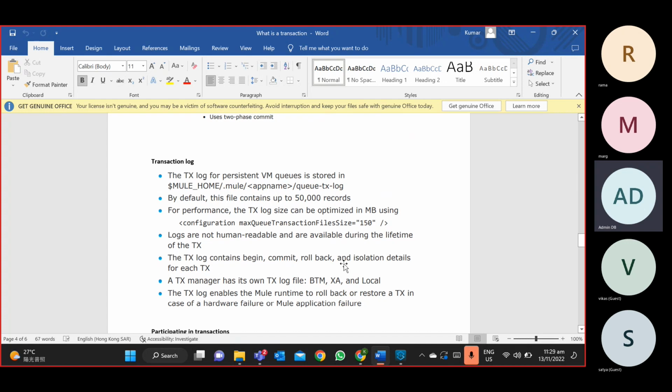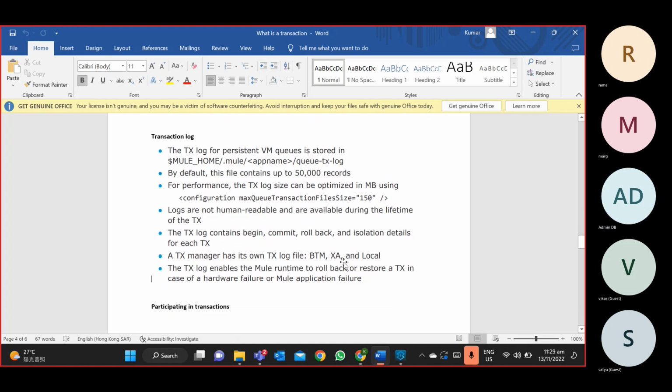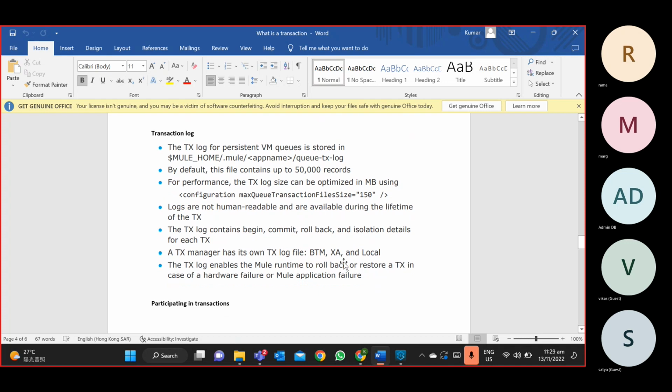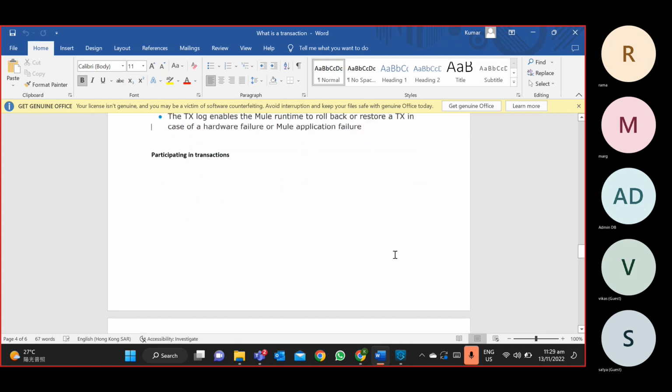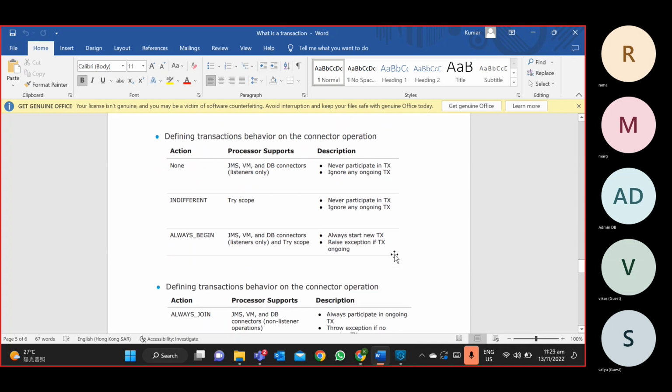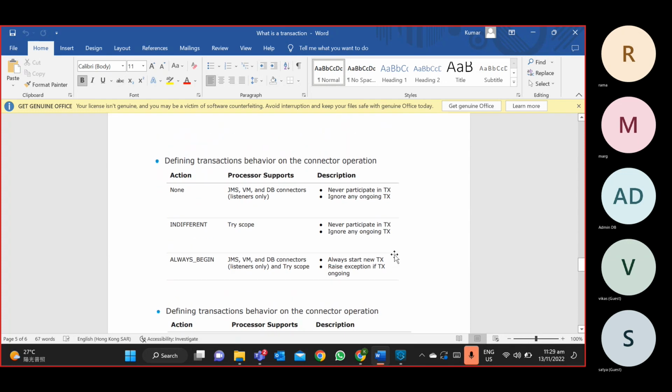All those details it will contain. And then again, our transaction manager will have its own log, which will contain the BTM, XA, and local transaction detail.